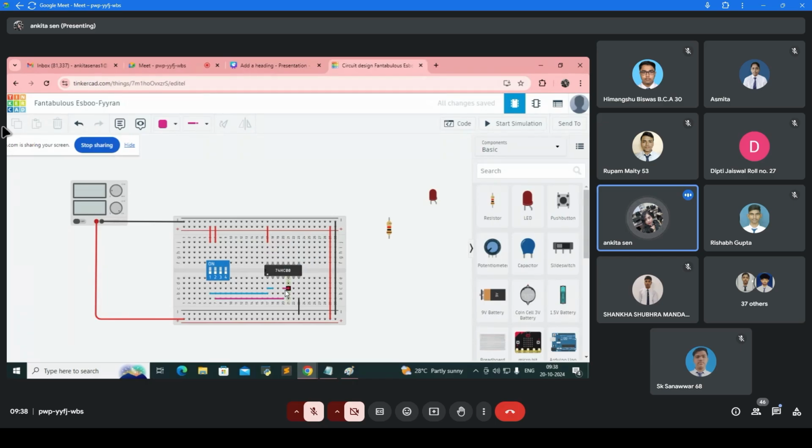Let's take this 4A 4B combination. 4A 4B, this is the output. So it can be more beautified.